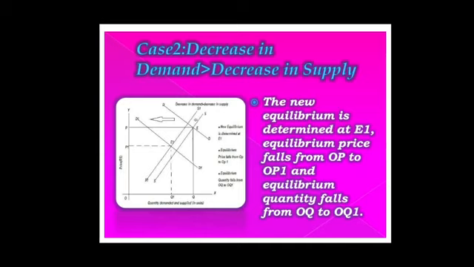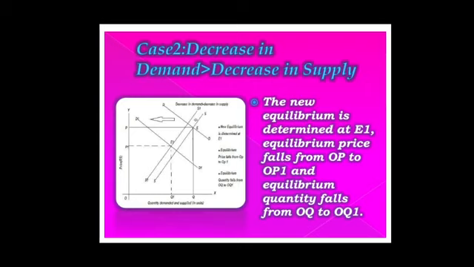As decrease in demand is greater than decrease in supply, it is thus a situation of excess supply, as demand has decreased more than supply. Due to excess supply, the equilibrium price tends to fall. As can be seen from the figure, the new equilibrium is determined at point E1 where new demand curve D1 and new supply curve S1 intersect each other.